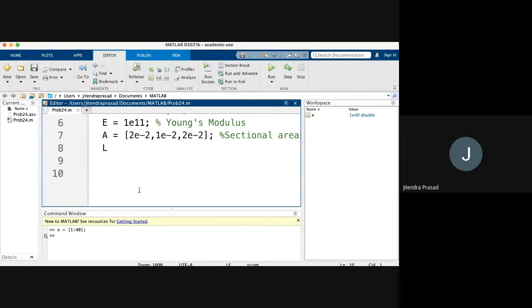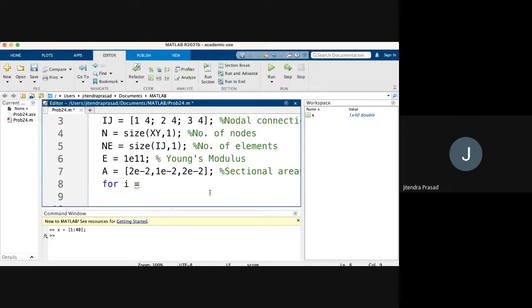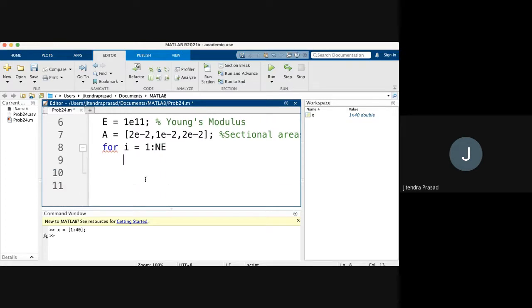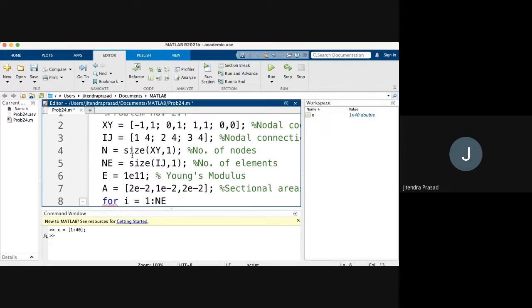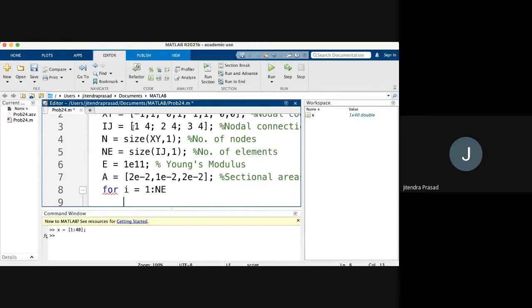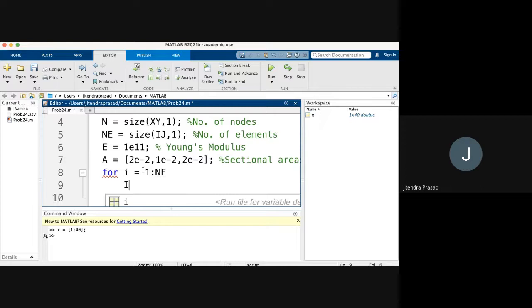You can write a function to do it, or you can just write a loop here.